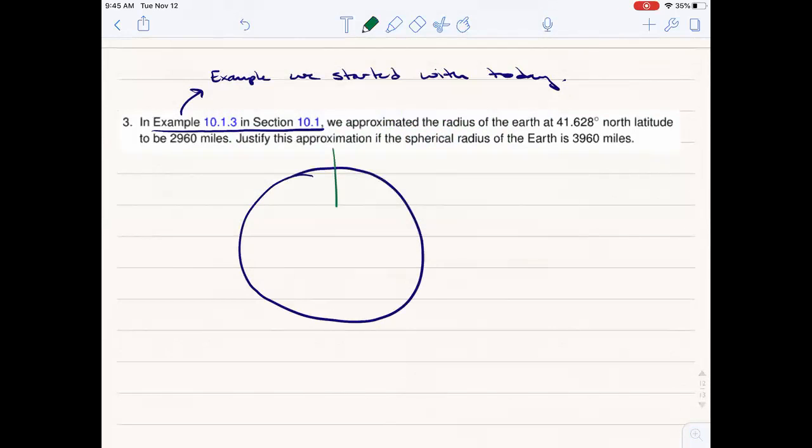Same idea, right? I'm going to slice it up into my X and Y's. And I know 41.628 degrees, right, from the standard position is going to be, let's put it somewhere here, 41.628 degrees.